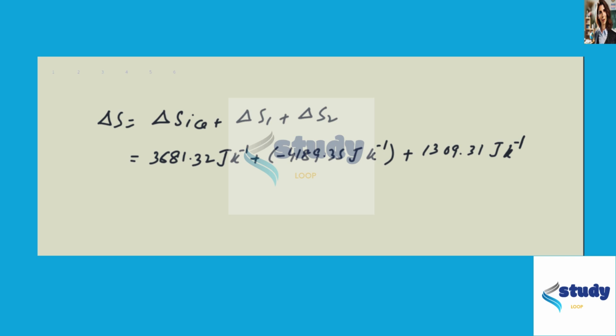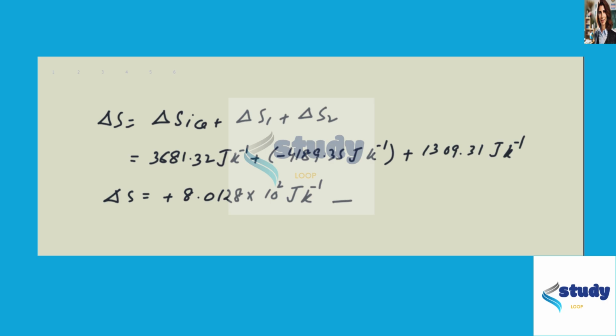So this gives us net entropy change equal to plus 8.0128 times 10 to the power 2 joule per Kelvin.